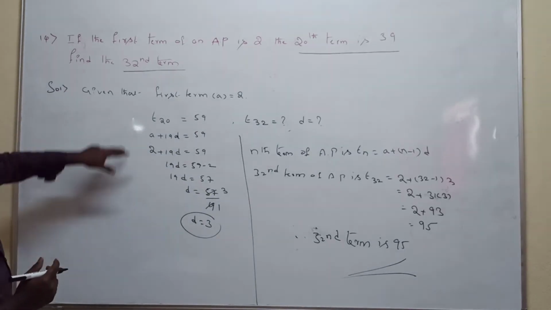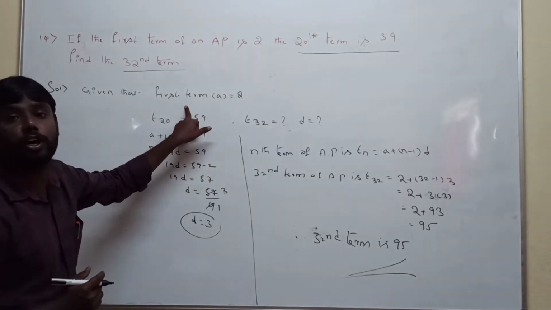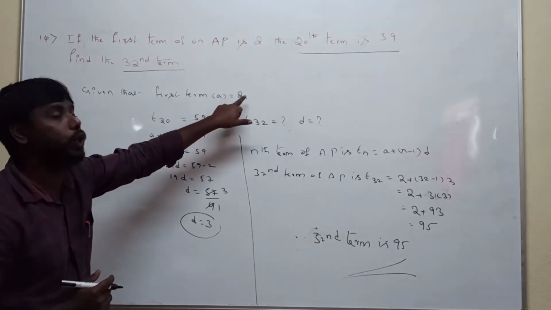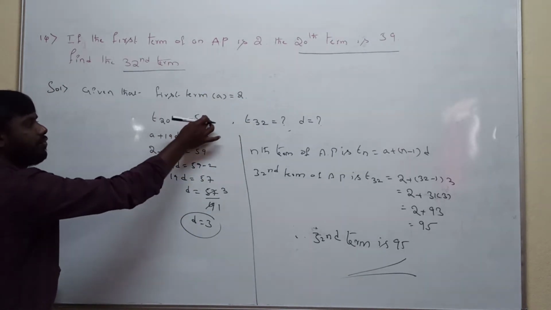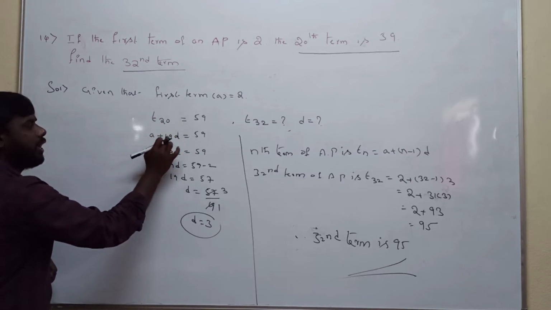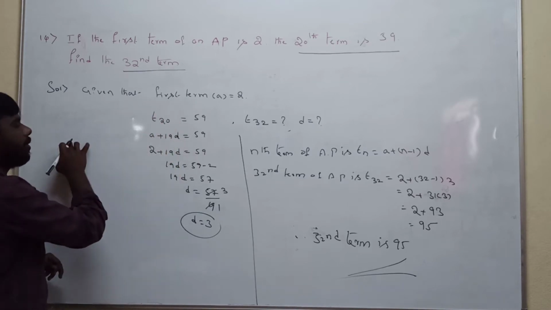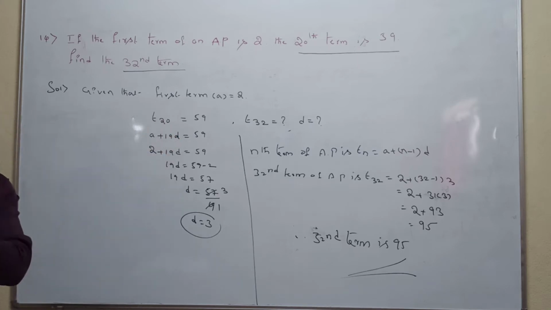Is it clear? Did you understand? What are they given? First term value 2, which means first term, denoted by small a, is equal to 2. Next they are given the 20th term as 59. Left side, the 20th term can be written as a plus 19d. Already I explained before: Tn can be written as a plus n minus 1 into d.